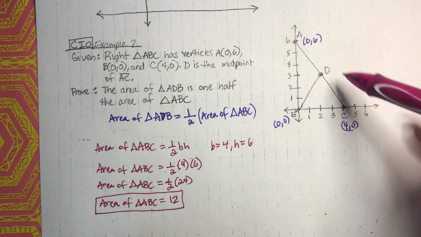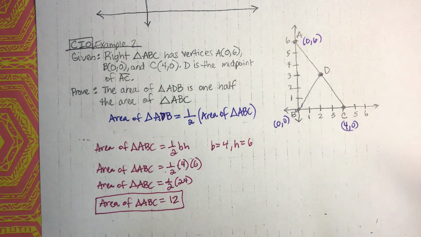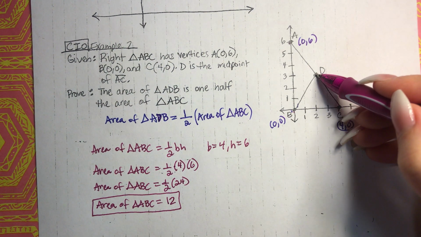So if we find the midpoint of AC, we'll know what D is, right? Okay, so let's find the midpoint.